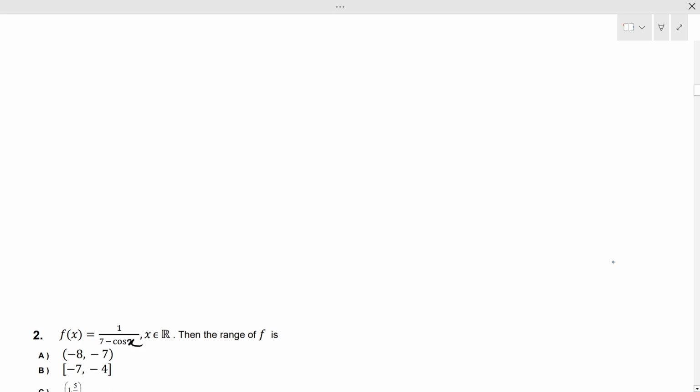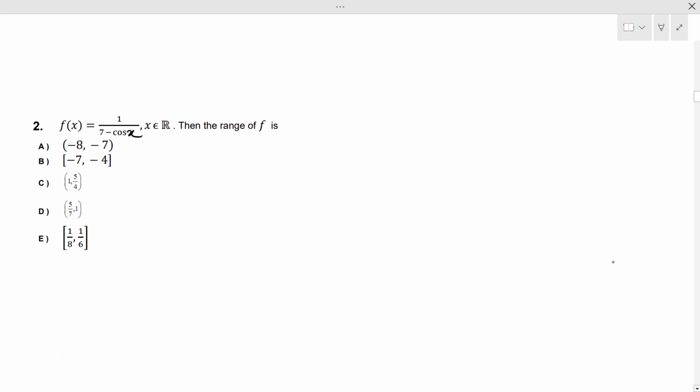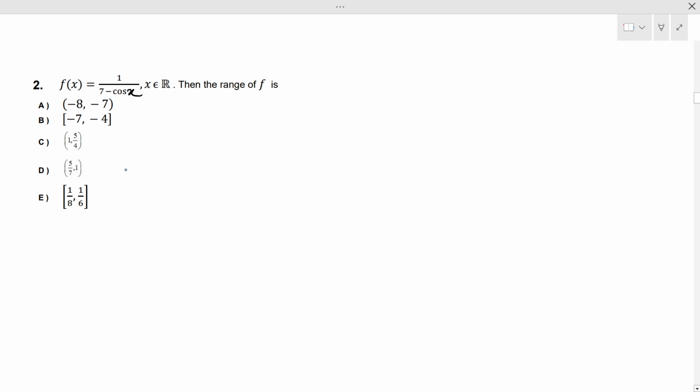We have our next question, which is this. Given f(x) is equal to 1 by (7 minus cos x), where x belongs to the set of real numbers, we are asked to find the range of f. Now, we all know that cos x lies between minus 1 and plus 1, right?